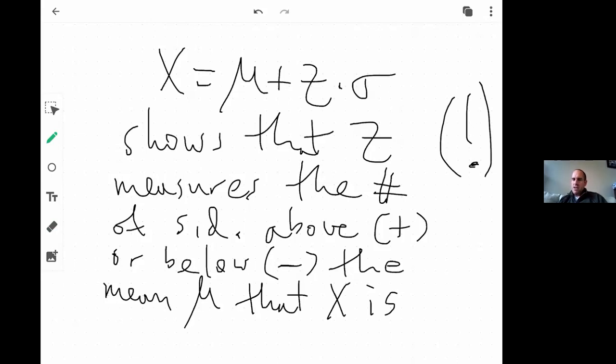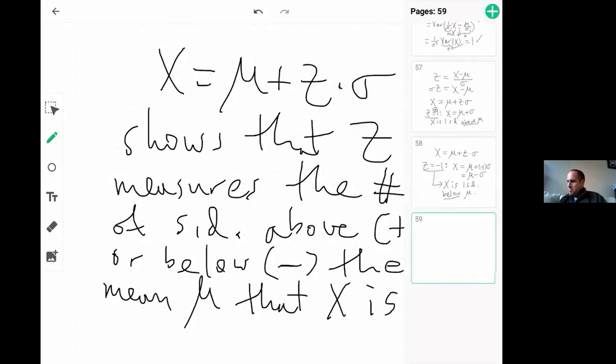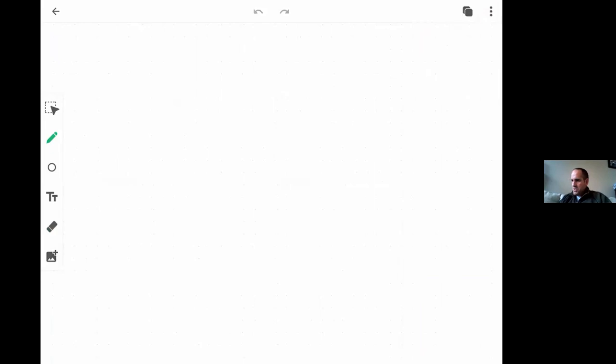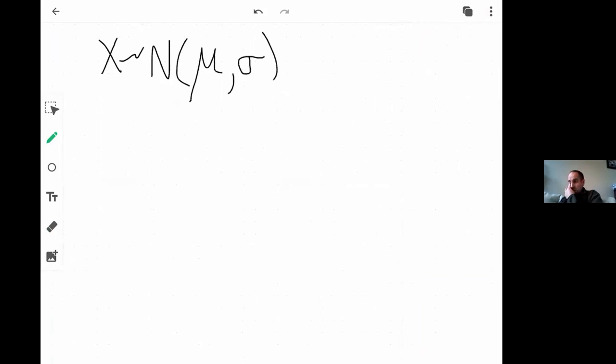Okay, another thing that I wanted to point out is the following. Suppose, again, X is distributed as normal, mean mu, and standard deviation sigma.